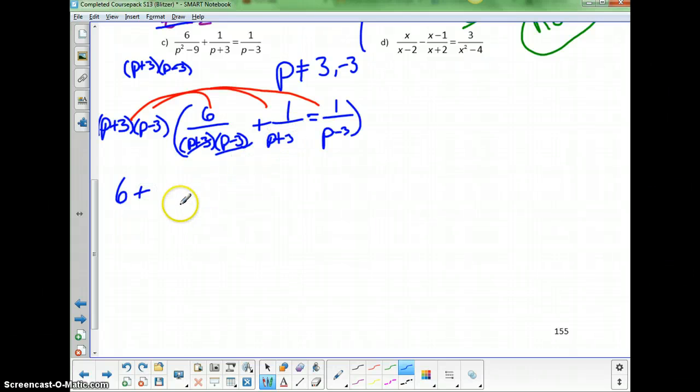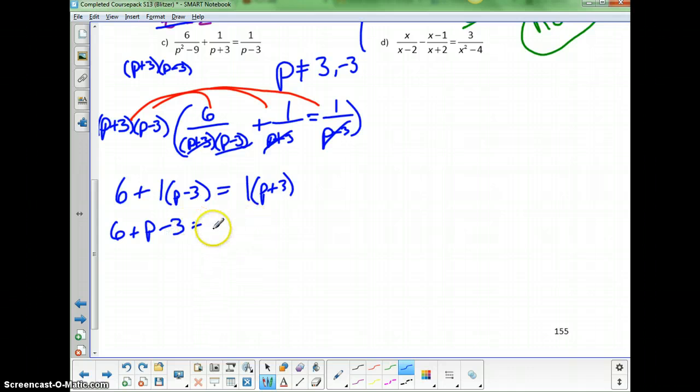Plus p plus 3 will cancel, so we'll just have 1 times p minus 3. Equals p minus 3 will cancel, we'll have 1 times p plus 3. I don't really need the 1's there, I just wrote them in case there's a different number there in the next one. So this is 6 plus p minus 3 equals p plus 3.